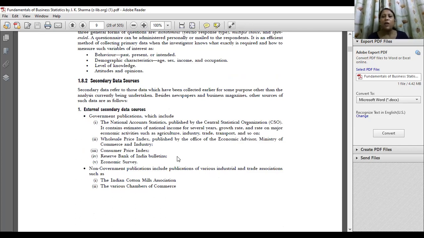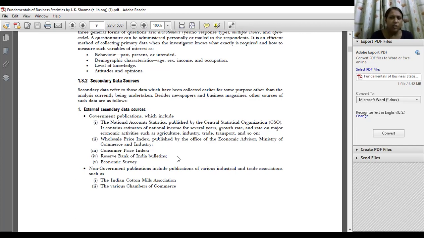External secondary data sources include the Economic Survey, the Reserve Bank of India bulletin, the consumer price index, the Indian Cotton Mills Association, the various chambers of commerce, and the national account statistics. All these are available data on websites, and we can go through that data and do our statistical analysis.